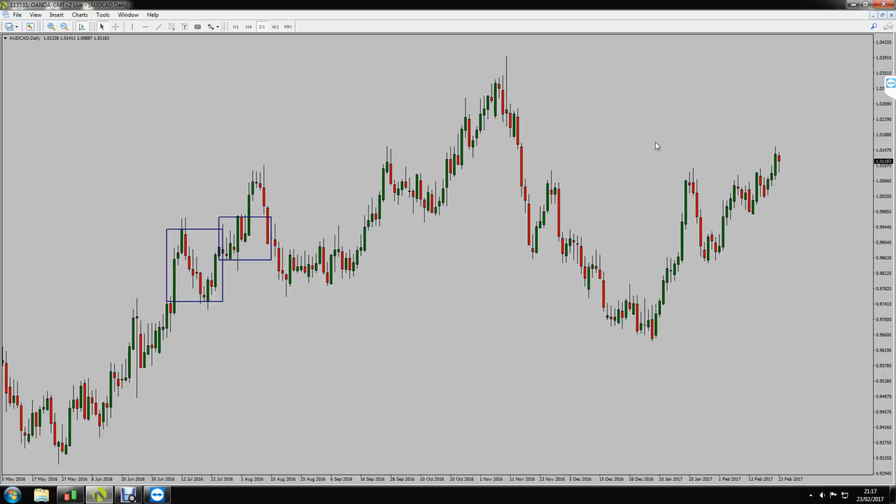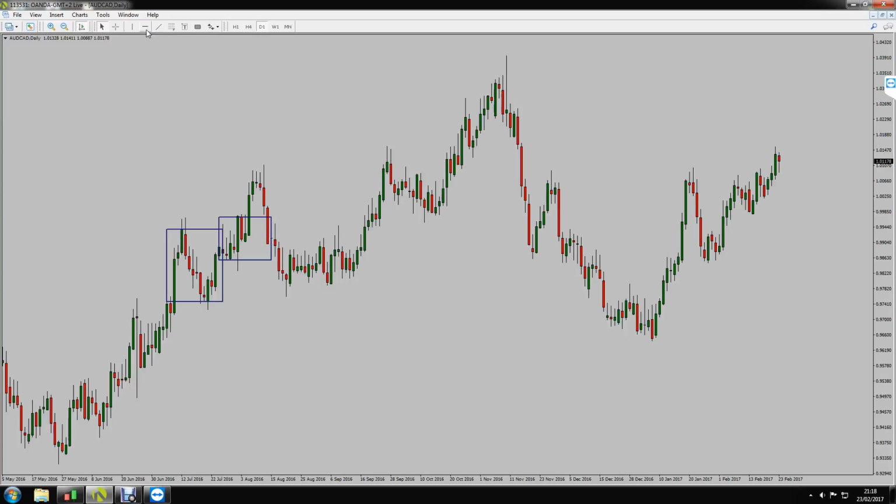Another characteristic of this market dynamic 2 is that it gathers liquidity at the middle level of the previous range market, especially with the liquidity level, I mean the tail.